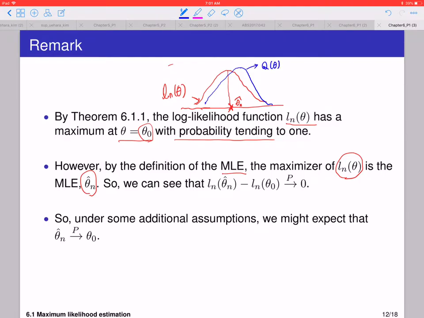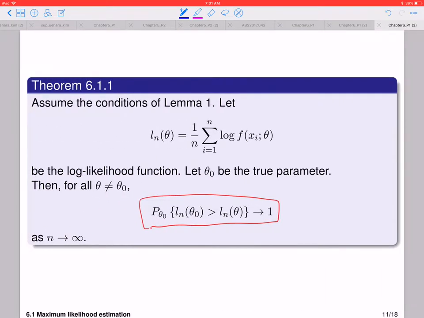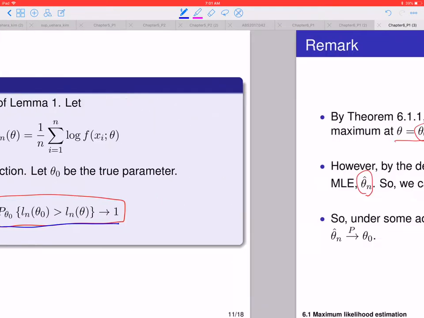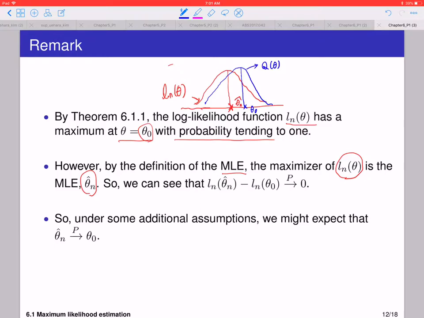So the Q zeta will have a maximum at zeta null, right? But the message here is that this theorem says that even though it is finite, so what is this value?